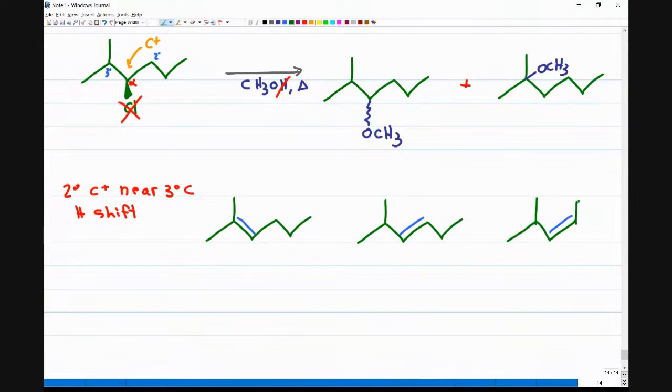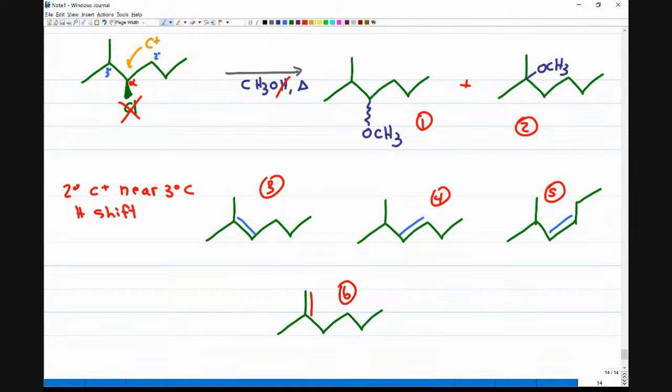Okay, so that would be another product. And then don't forget, if you have a carbocation rearrangement and the carbocation goes right over here, that pi bond we've already seen here, but I can also have a pi bond right there. 1, 2, 3, 4, 5, 6 products.